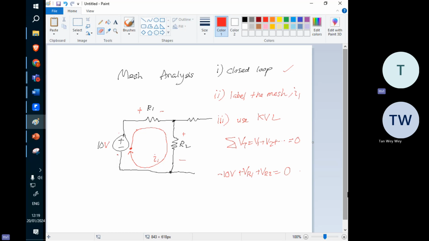You mean you're not sure about this equation? This one actually tells you that the sum of all the voltages in the loop, in the mesh, must be equal to 0. So you sum all the voltages here and it should be equal to 0. So this is what it means.